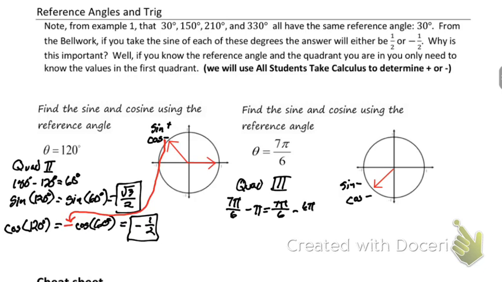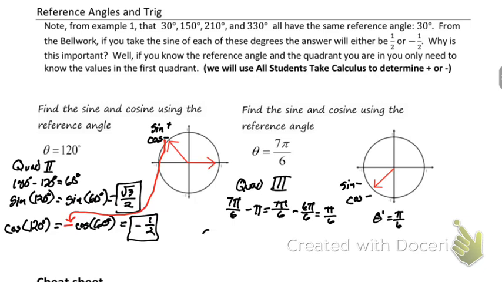So we're going to do 7 pi over 6 minus 6 pi over 6, which is going to equal pi over 6. So remember, the only time we're subtracting 2 pi or 360 is if we're finding coterminal angles, which have the same results. For reference angles, we're basically going to subtract 180 or pi from this one. So our reference angle is pi over 6.